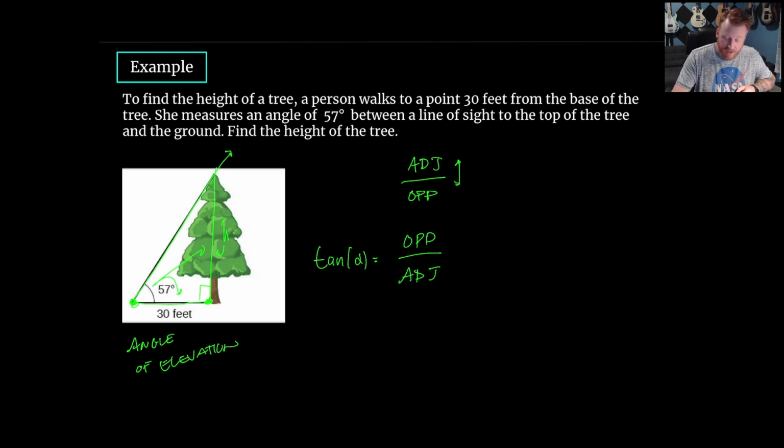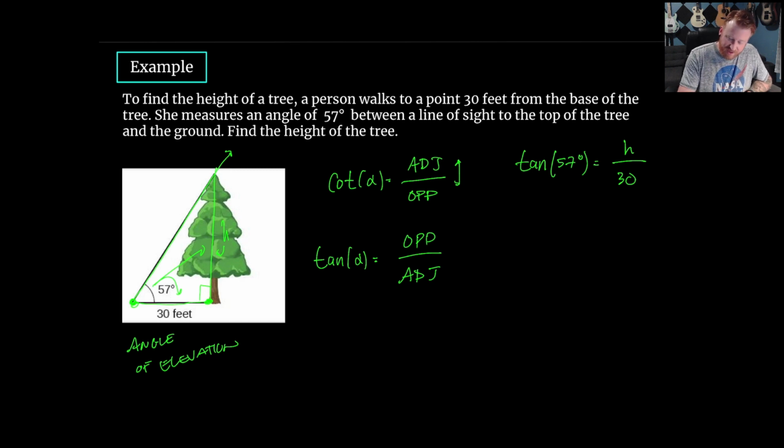So I started just thinking about this problem, and I had the adjacent and opposite. That wasn't quite what I wanted. This will give us the cotangent, which is fine, I suppose, but the tangent is a little bit more familiar, so that's the one that we'll use here. So what we are seeing is that we have the tangent of 57 degrees is equal to the opposite side, which is h, over the adjacent side, which is 30.